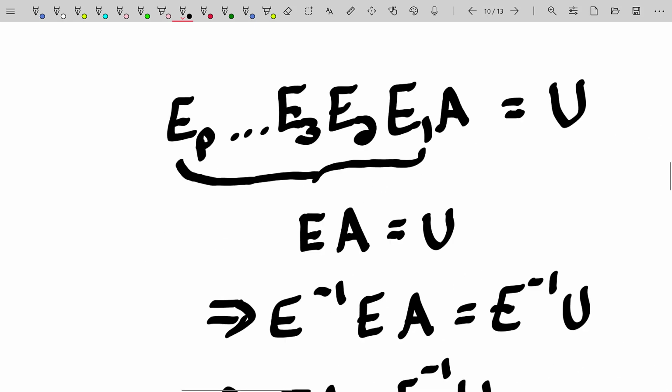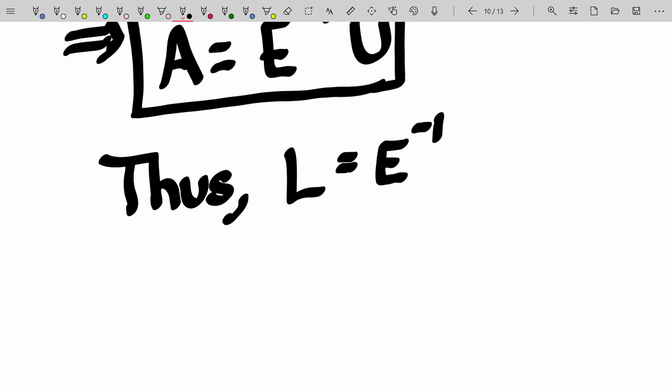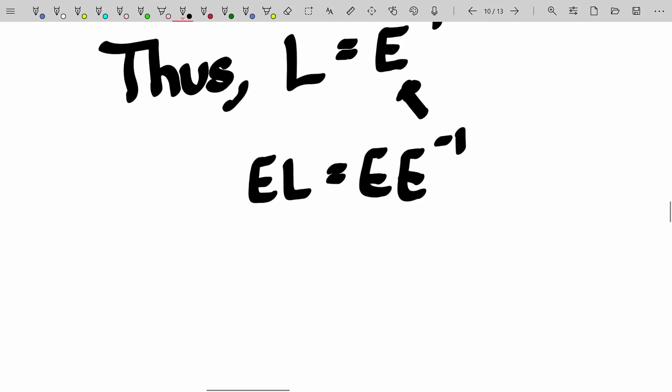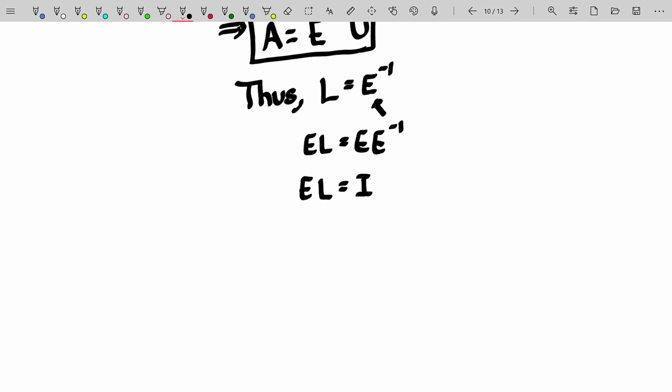And the reason why I'm saying that is because I want to convince you, if I multiply both sides of this by E, I get that the product of those elementary matrices times L should be the identity matrix. Now, you might not understand why I'm saying this, but it's for the theory part of it.